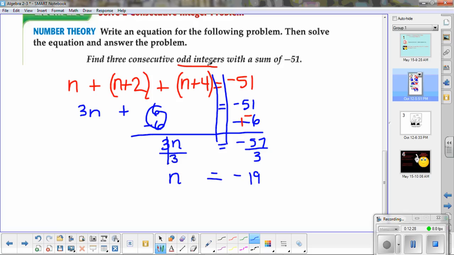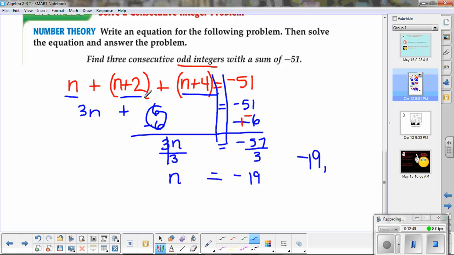So our first odd integer is negative 19. Now be real careful with your next one. Oftentimes kids make a mistake here and want to say negative 21 next, and that's not the case. Because if this is my first one, this is my second one, this is my third one.